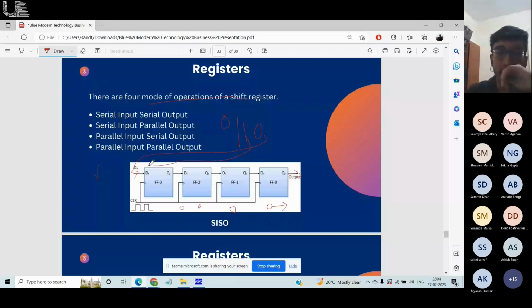So now my output of the registers is 1, 0, 0, 0. How does this happen? 1 comes here, whatever was here gets shifted there, whatever was here gets shifted there, and so on and so forth. In the next cycle, I'll have another 1. So now I'll be having 1, 1, 0, 0, right? And then last I will have another 0, so I'll be having 0, 1, 1, 0. So this is serial input, serial output, right?